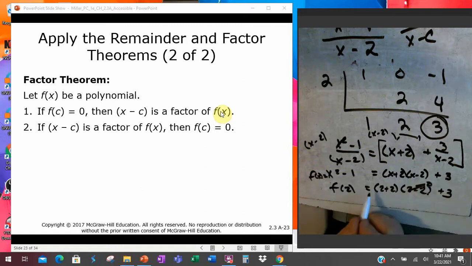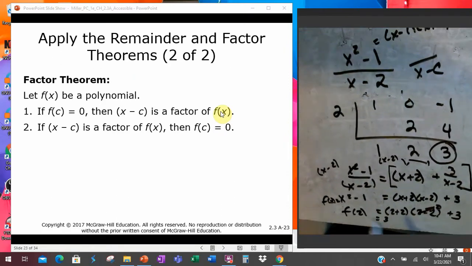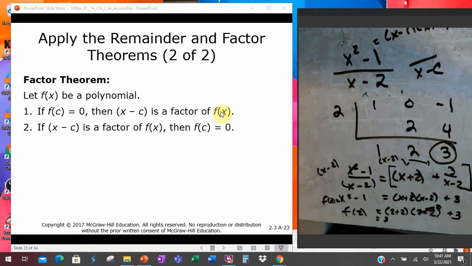The result is just 3, okay? And if I went back up here and evaluated my x squared minus 1 at 2, this would be 4 minus 1, which is 3, okay? But if this is 0, then x minus c is a factor, okay?